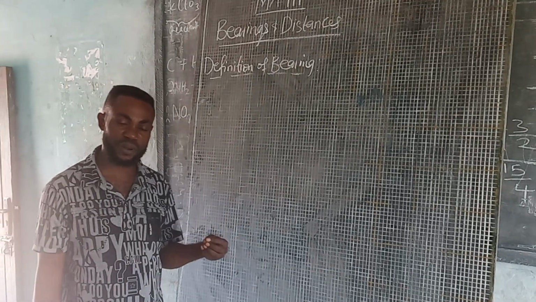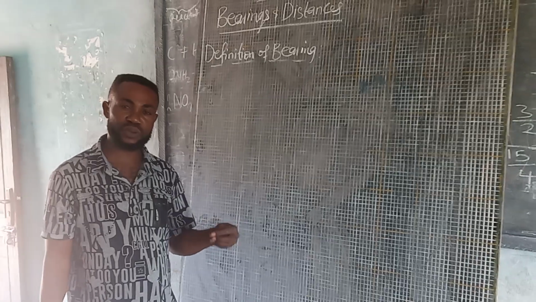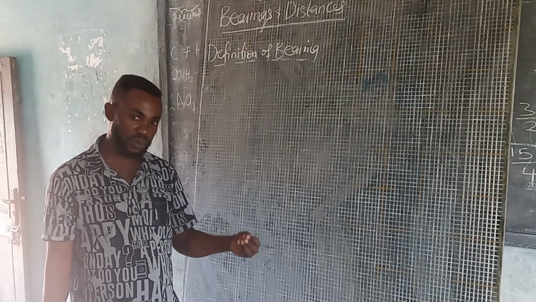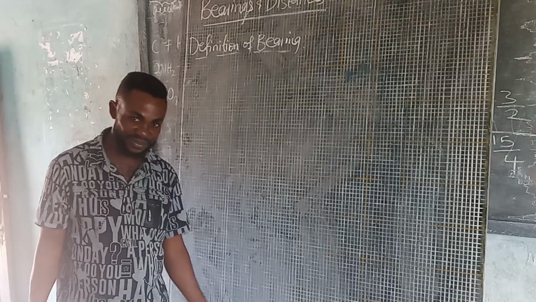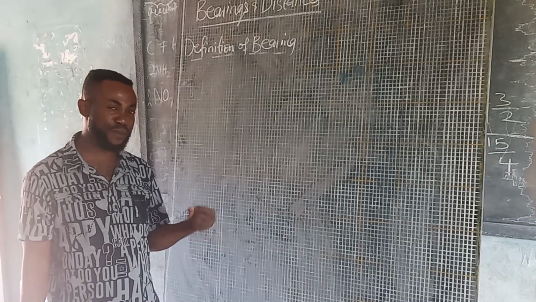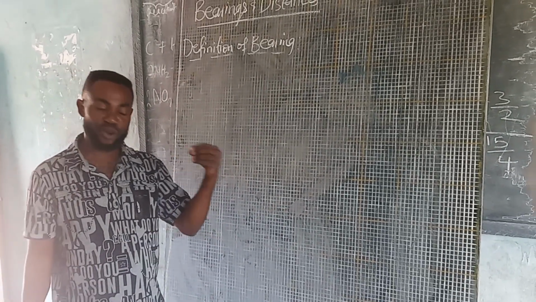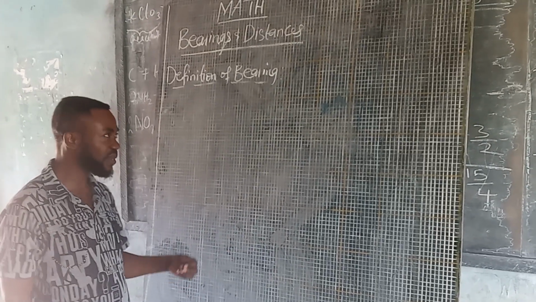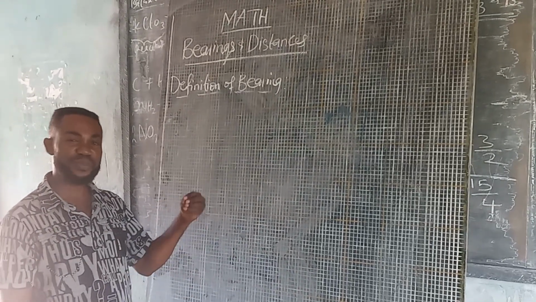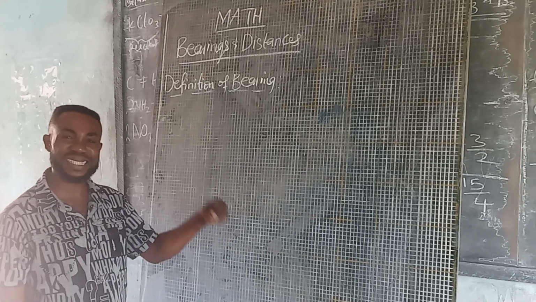A bearing is a measure of the amount of rotation or angle of turn of a body that is moving in a circular direction.